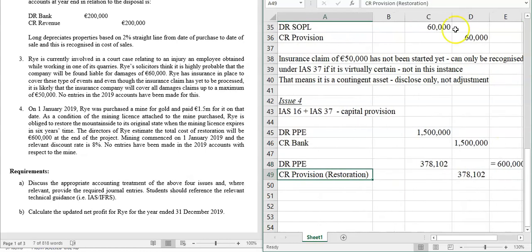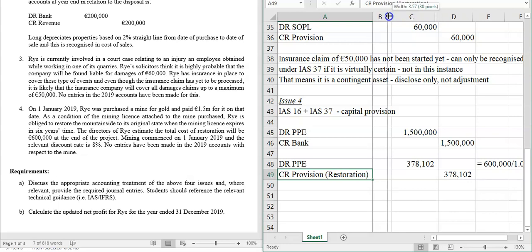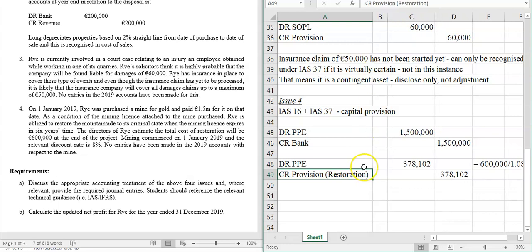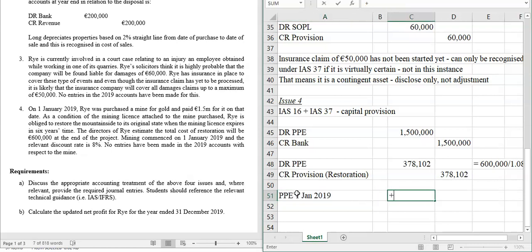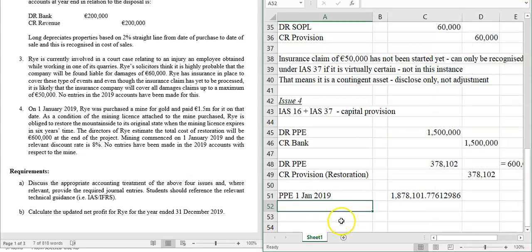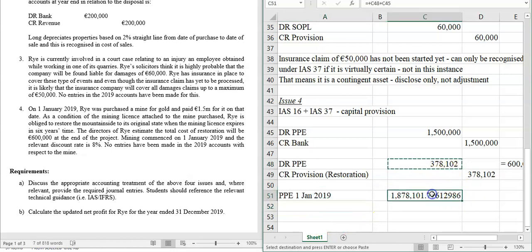Now, you are allowed to use the time value of money tables, the present value tables if you wish, but they will be together. So PPE in total on the 1st of January 2019 will be 378 plus 1.5 million. All right, so that's going to be those together. Just tidy that up so it's easy to see. So it's 1.8 million. And then don't forget you charge depreciation.